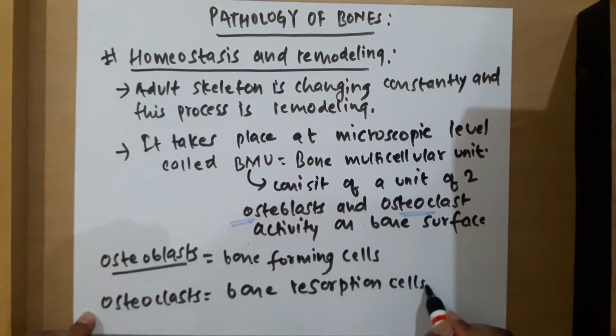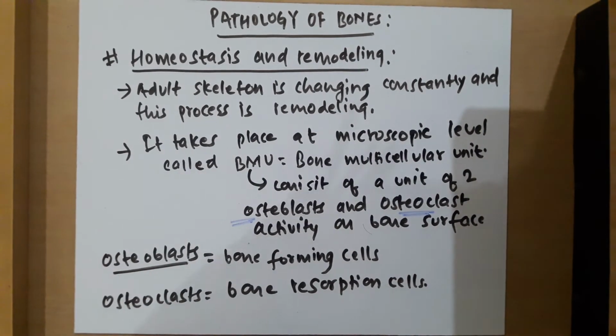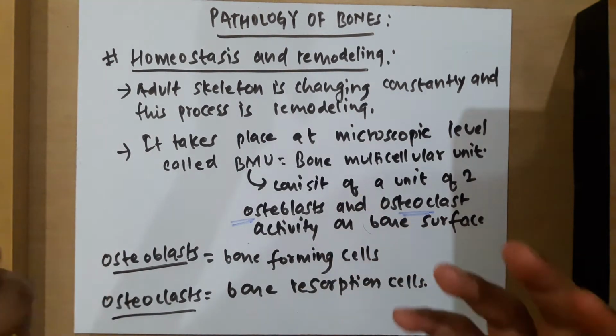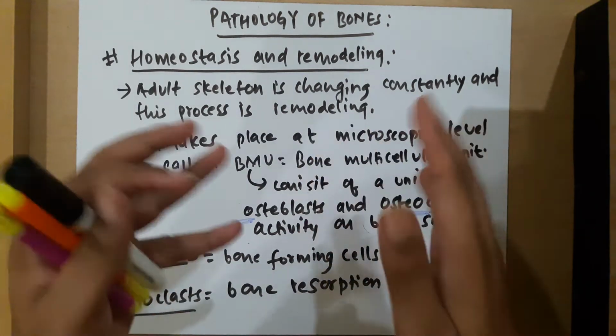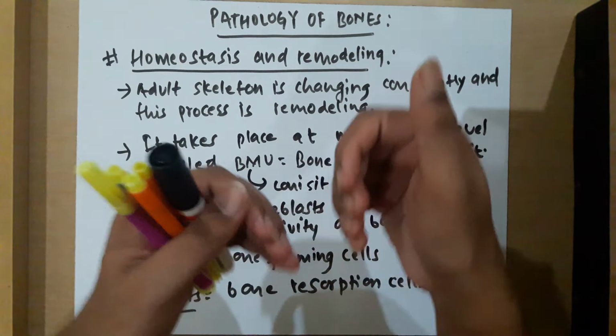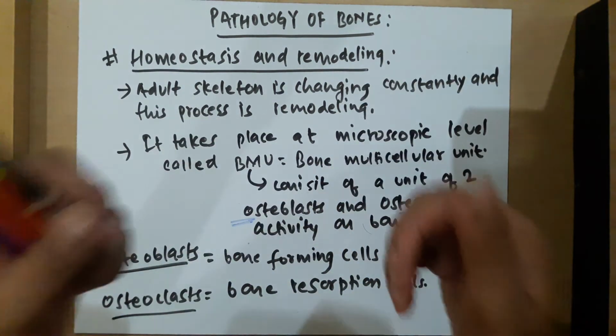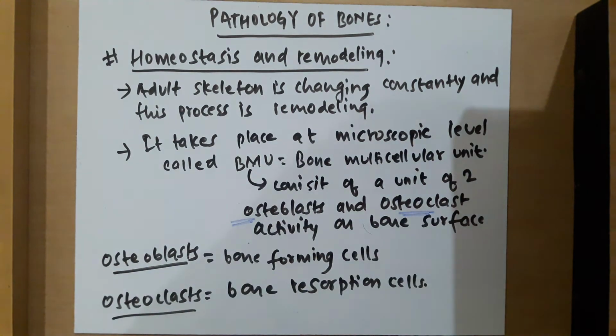So the whole process of remodeling is around the osteoclastic and osteoblastic activity, because remodeling means to change the structure. So osteoblasts are laying down the new layers of bone, while the osteoclasts are causing the bone resorption, which is decreasing the amount of bone.